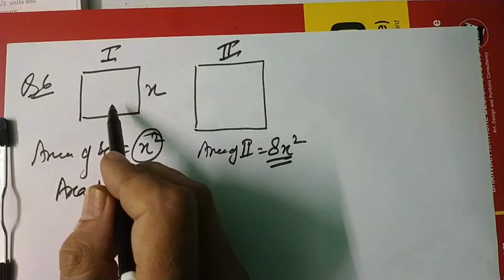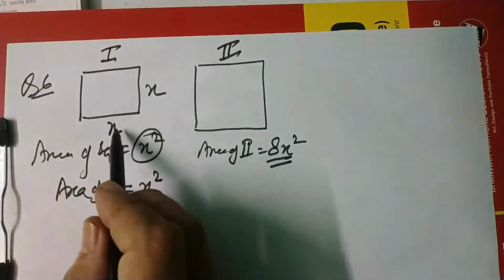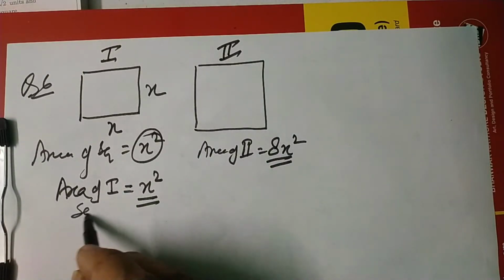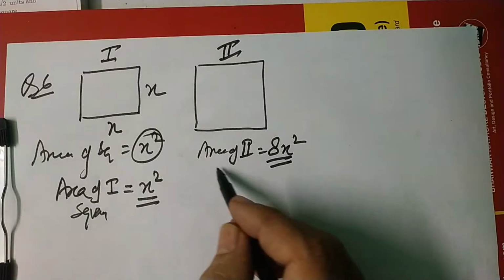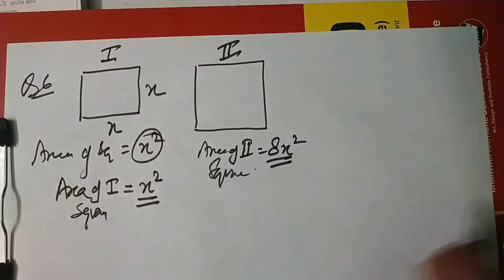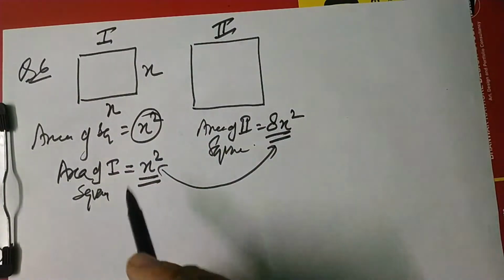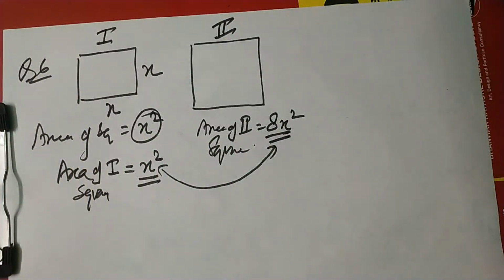So I have just found the area of the first square is side square, which is x square. And the area of the second square should be 8x square. Now how will you get this area? By using Pythagoras theorem.